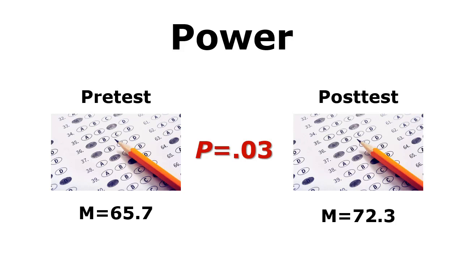And so you will see the power of a test is often reported in the statistics reported in studies. So again, power is calculated to determine the likelihood that if you do get a significant difference, that difference really does exist.